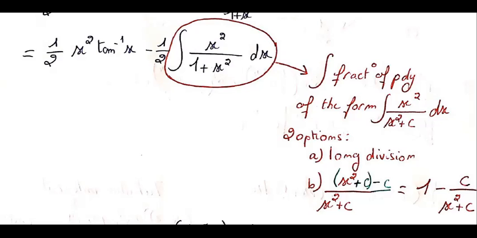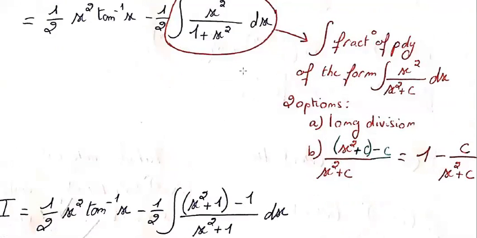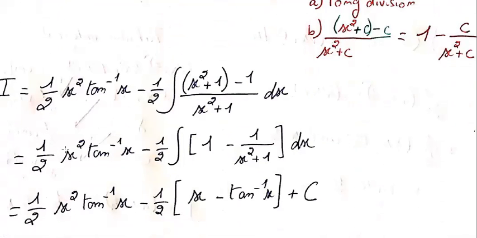So, continuing with the integration of the fraction of polynomials. So we add 1 and we subtract 1. So we get x squared plus 1 minus 1 over x squared plus 1, which is going to be 1 minus 1 over x squared plus 1.